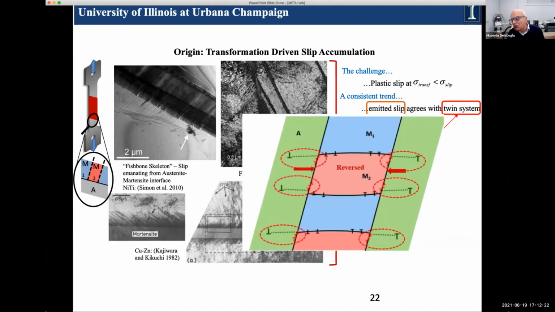It's applicable, of course, to other materials, not only nickel titanium, but also to other conventional materials like TRIP steels, with some differences, of course. But again, what we're showing here is how the slip emits from this. This is the twin boundary. This is martensite. This is austenite, and the slip emits from these twinning dislocations at the boundary.